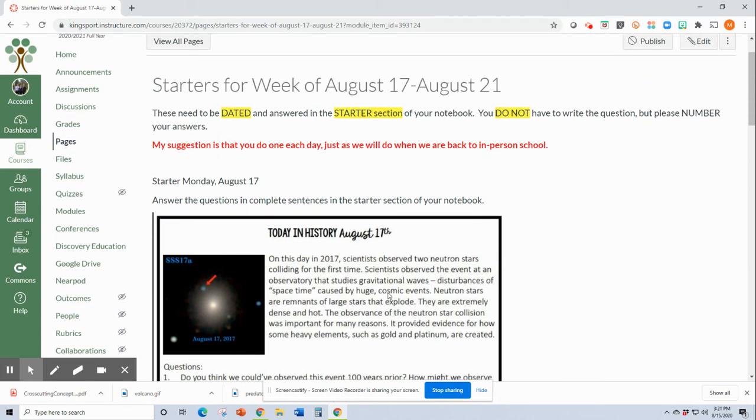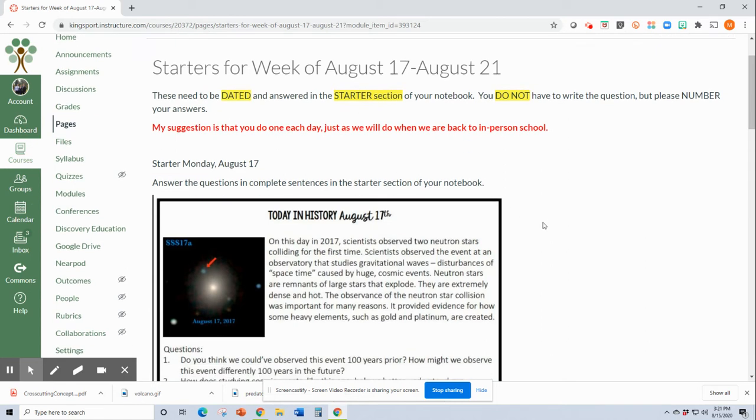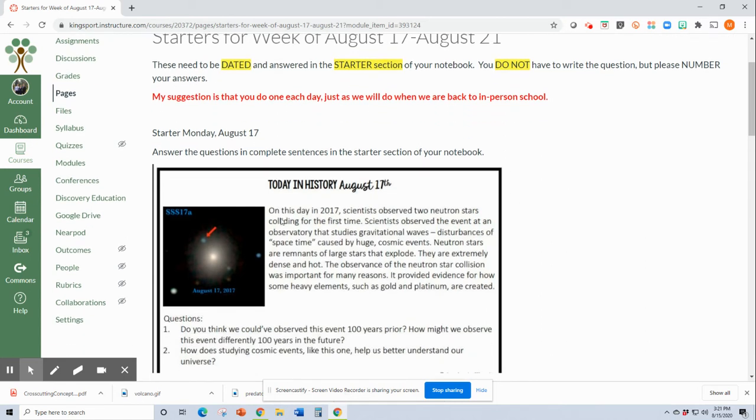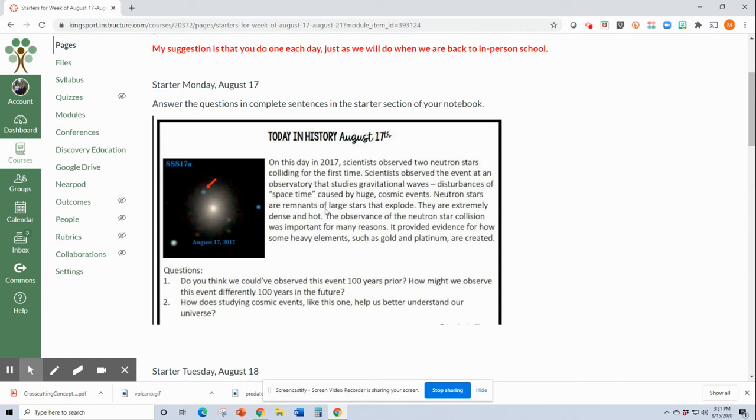Now, you do not have to write the questions, but at least please number your answers, and your starters need to be dated. So the way you would do this is you would go to your starter section in your notebook. You would write Monday, August 17th. You would read this information, and then you would write number 1, and then you would just write your answer to this.